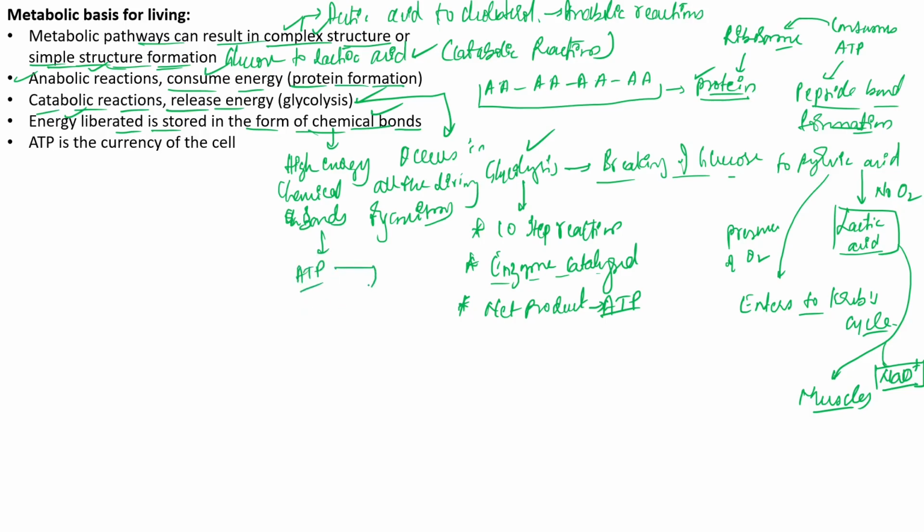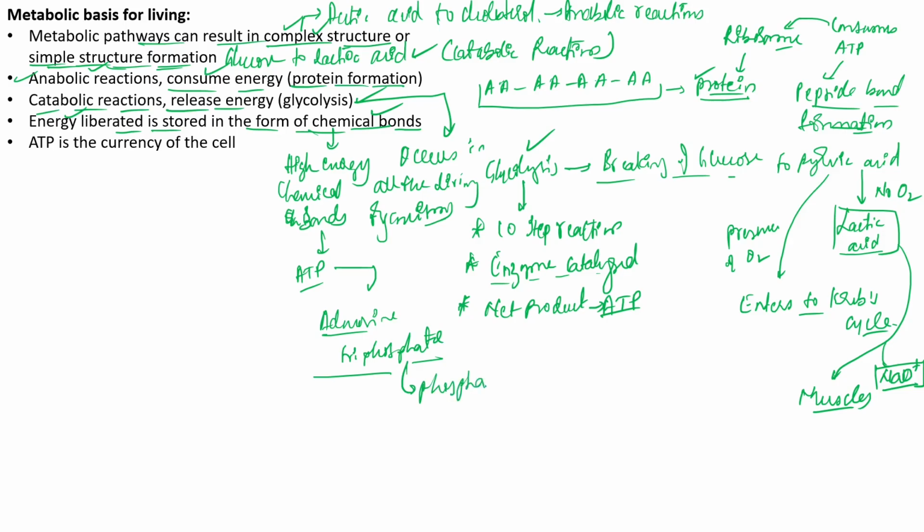What is the full form of ATP? It is called adenosine triphosphate. Now if you ask where the energy is stored in the ATP, it is the phosphate bonds.